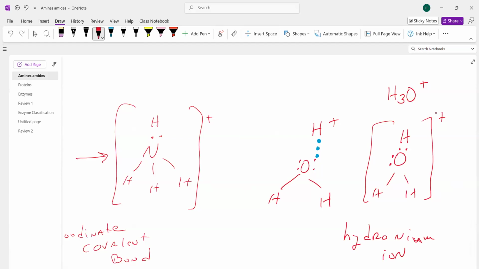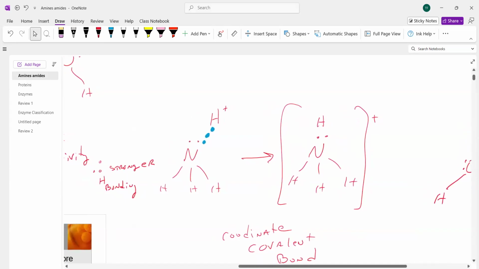Frequently in lower level chemistry classes, they'll just say an acid will dissociate to H plus, but really it dissociates to a hydronium ion if it's in a water situation. Okay, so ammonia does the same thing, NH3 when it's in water, excuse me, when it's around an H plus ion.